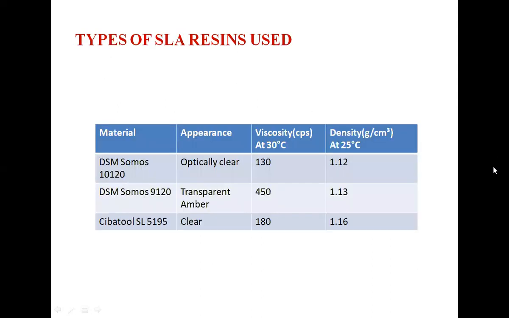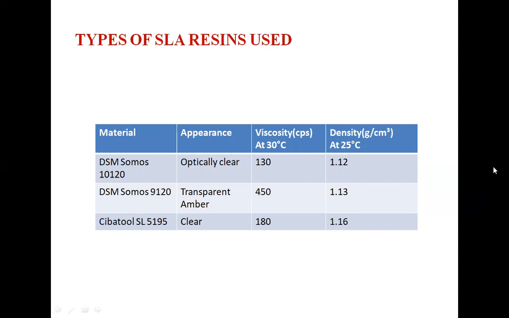Next is types of SLA resins used. Material, appearance, viscosity, and density. DSM SOMOS 10120: its appearance is optically clear, its viscosity is 130, and its density is 1.12 gram per centimeter cube.